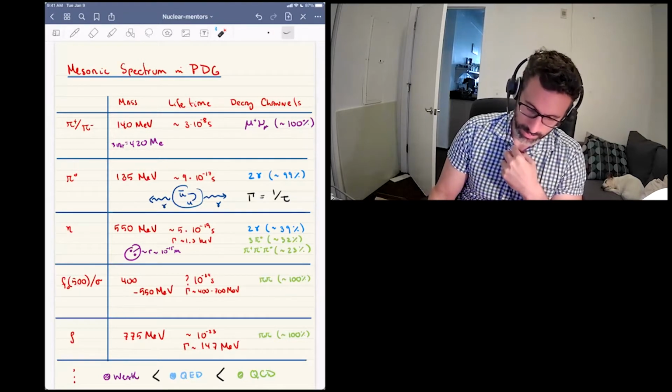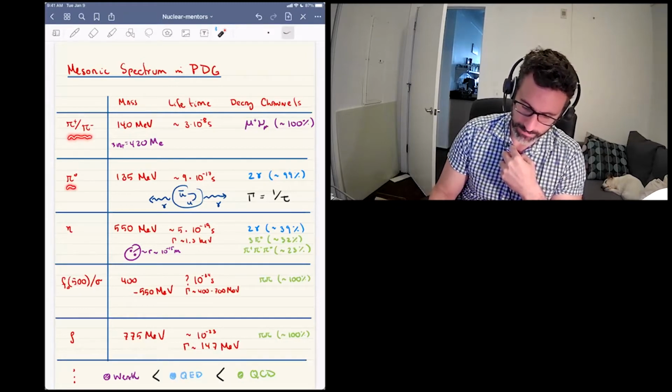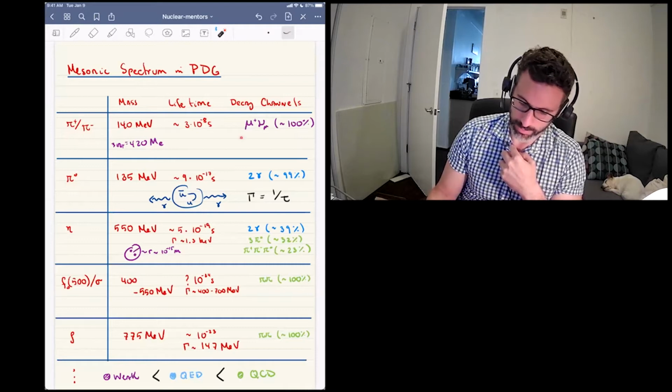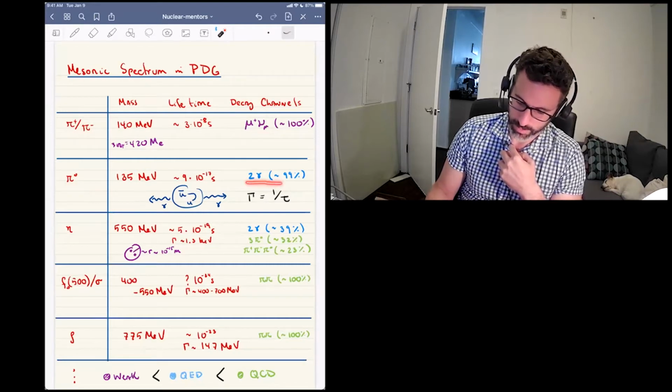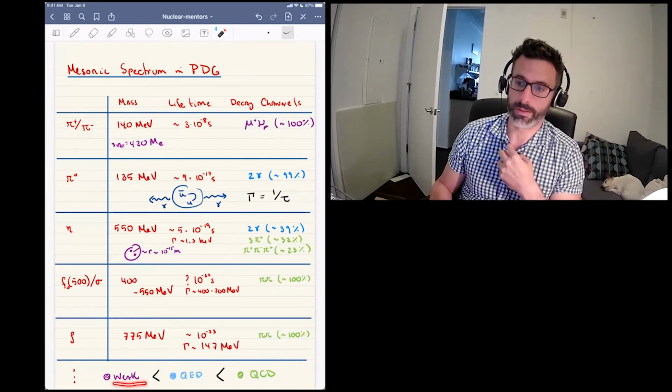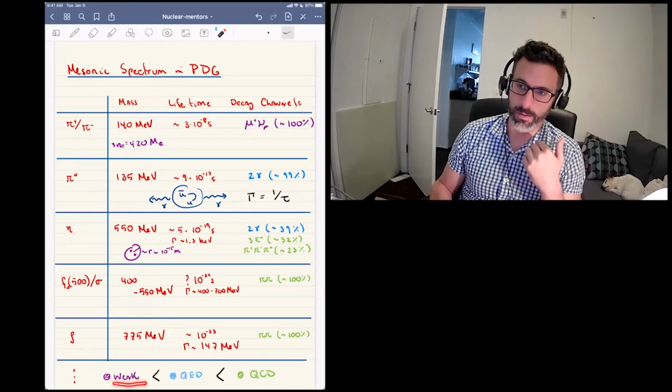And we talked about the simplest of the configurations, which is the pion. And we talked about the different decay mechanisms. And here the color coding is tied to the force that is responsible for describing the source of the decay.